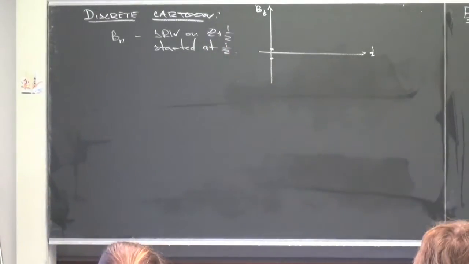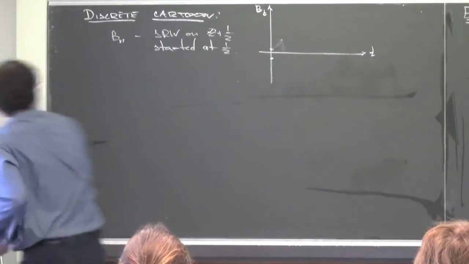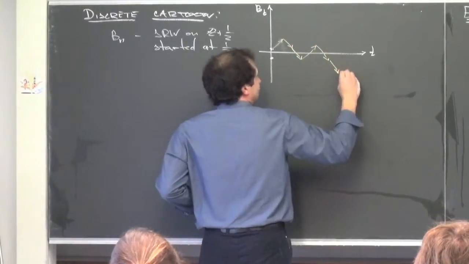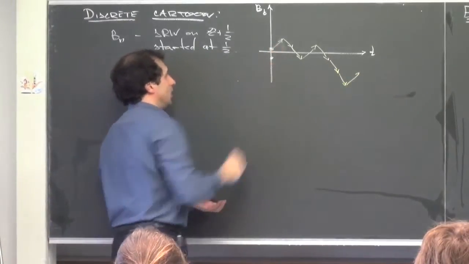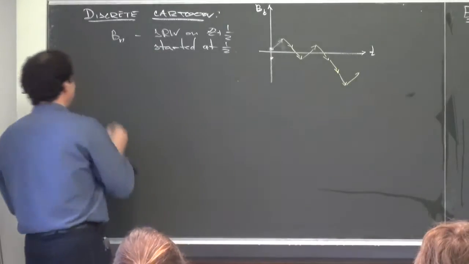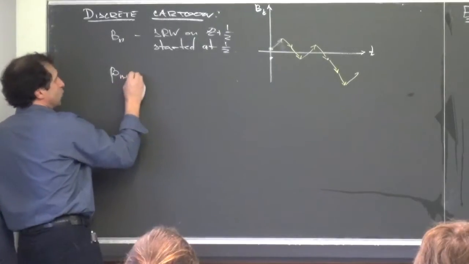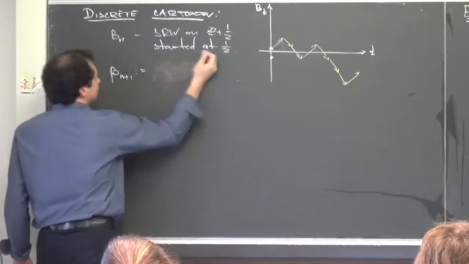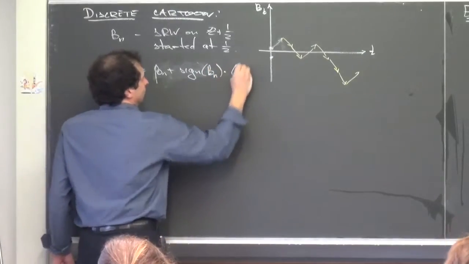So here is a sample of the trajectory. And then, what is beta? I just declare beta n plus 1 is beta n plus sign of Bn times the increment.